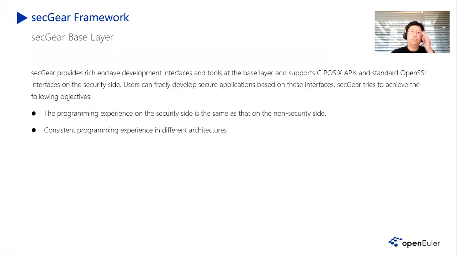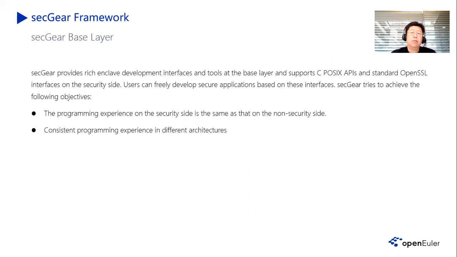So first, let's have a look at the SecGear base layer. SecGear supplies the basic interfaces for the customer to develop their trusted application. And the library supports the standard POSIX API and also the standard OpenSSL API on the secure side.